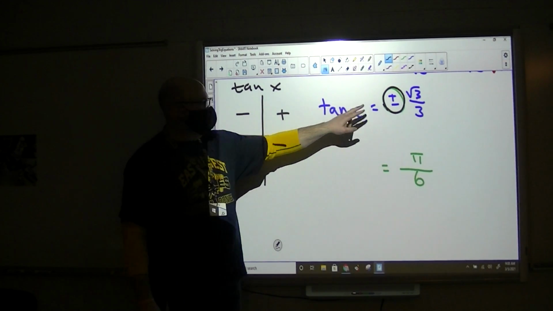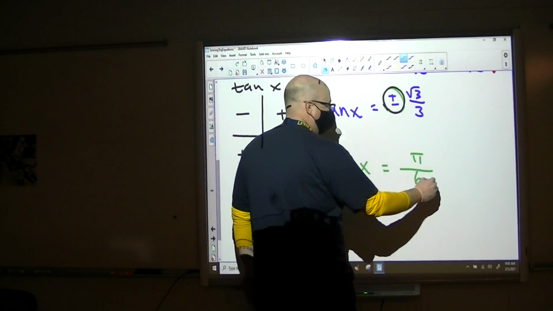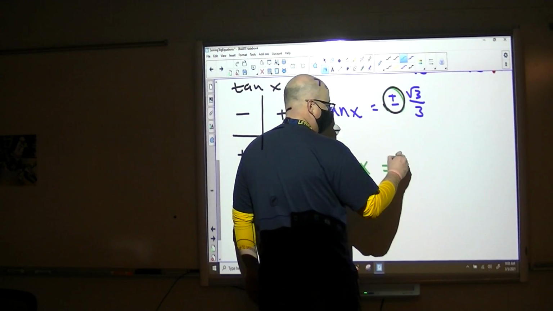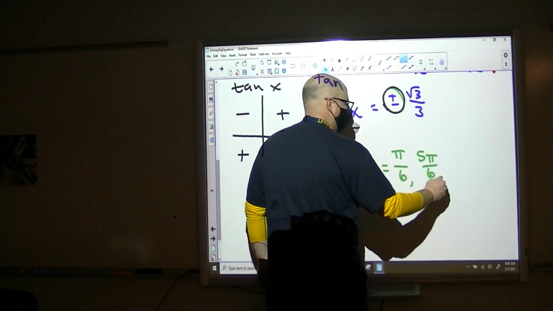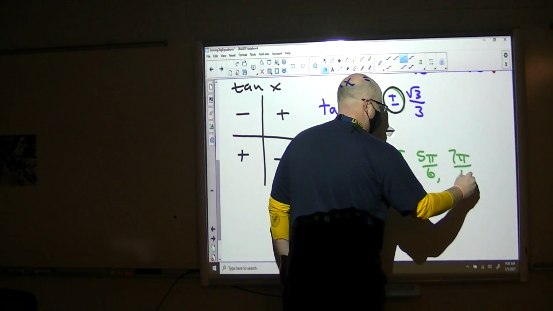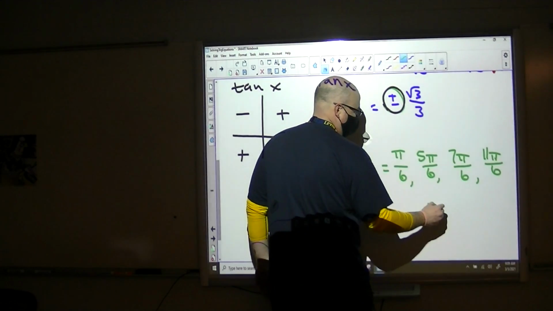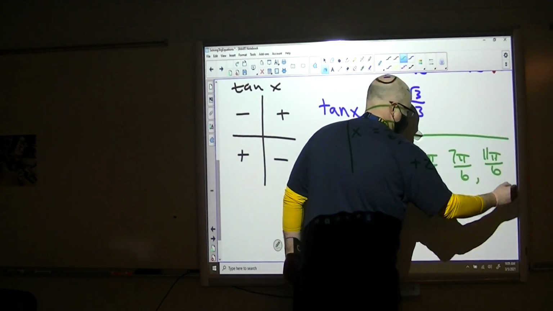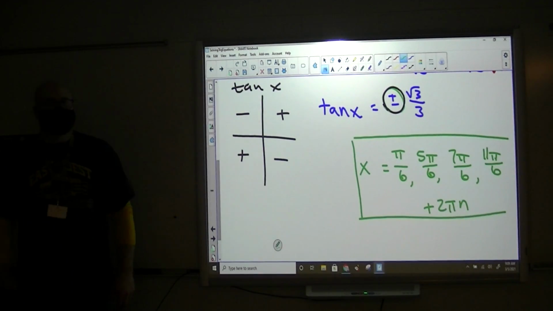And those are all of the pi over 6 angles. Those angles are pi over 6 and anything else labeled as a pi over 6, like 5 pi over 6, 7 pi over 6, and 11 pi over 6, plus 2 pi n. There you go. All right.